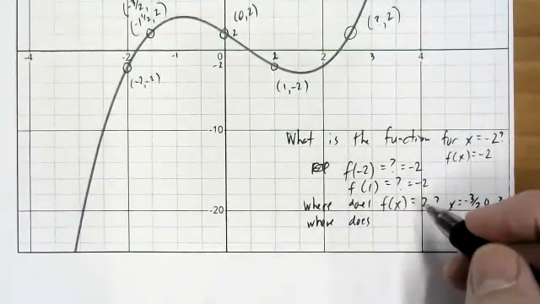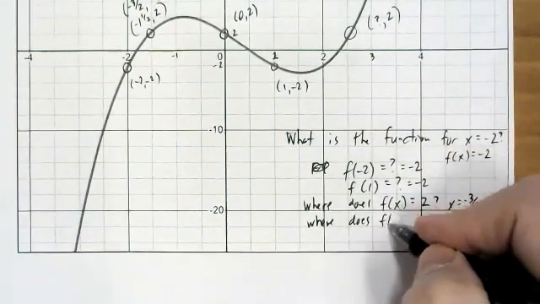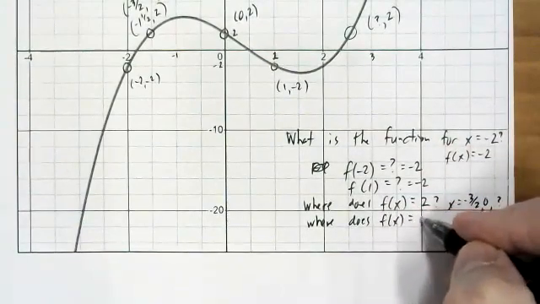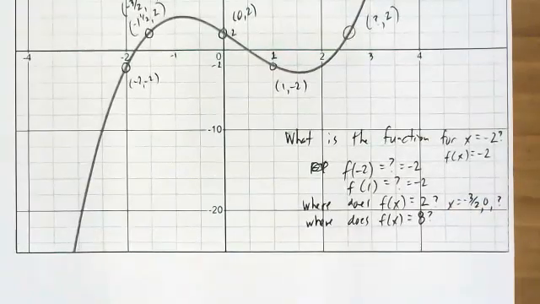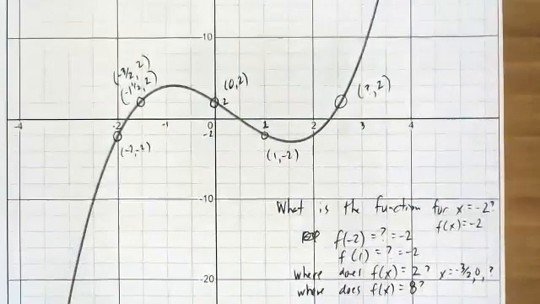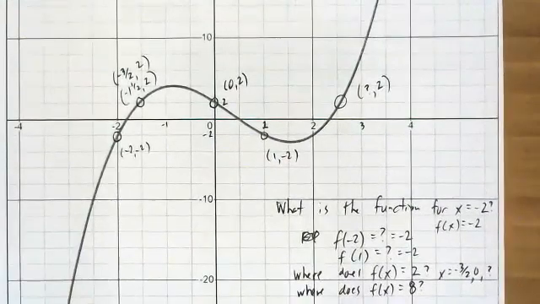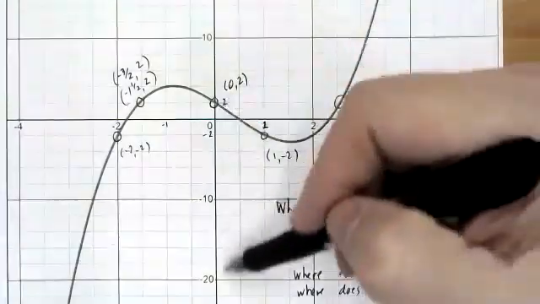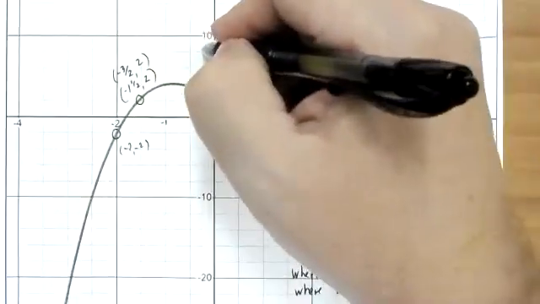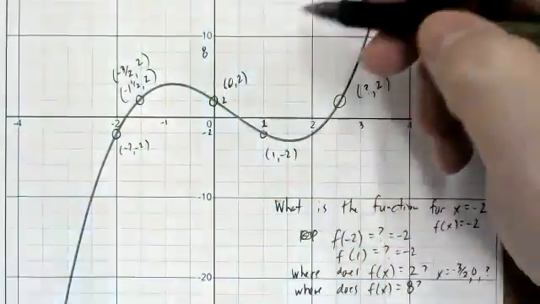Where does f of x equal 8? We're going to find the point or the points on the graph where the function equals 8. The function is the vertical axis. 8 is actually right here.